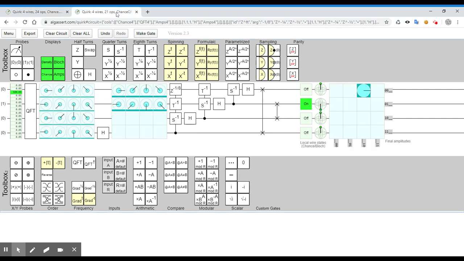So you want to go back one step, and you can apply a Hadamard and then identify the next pattern.